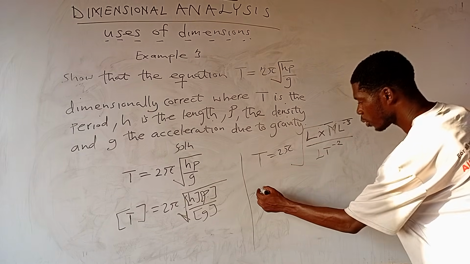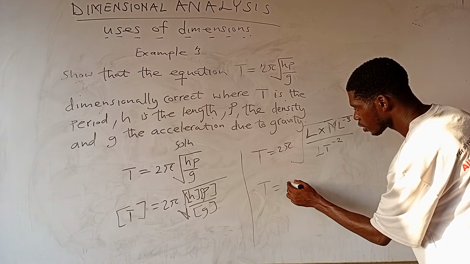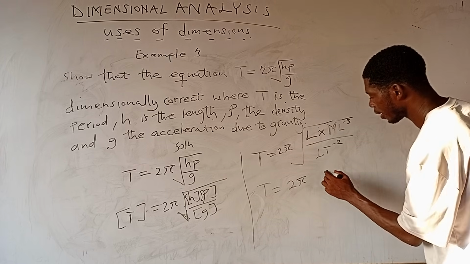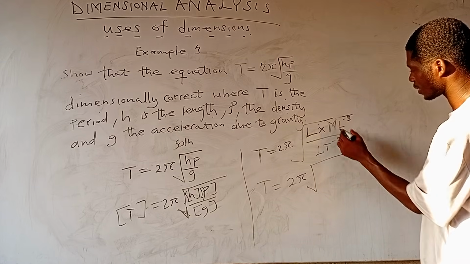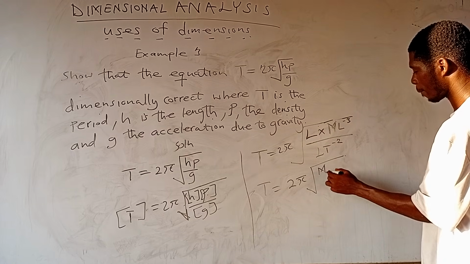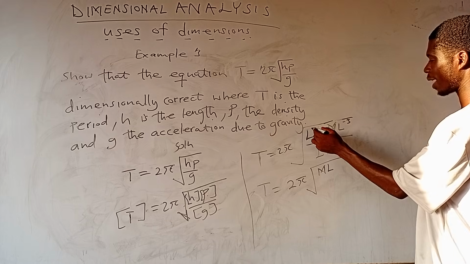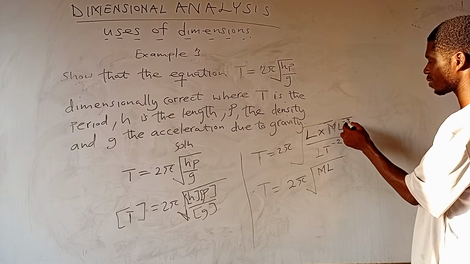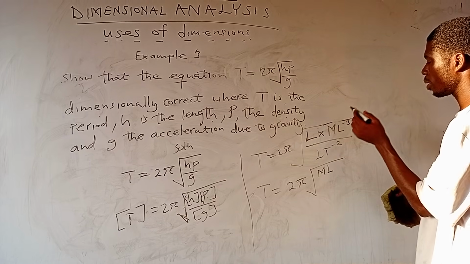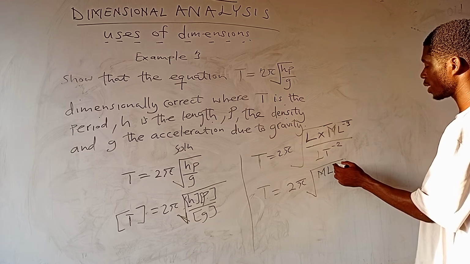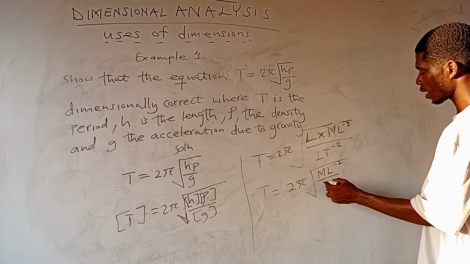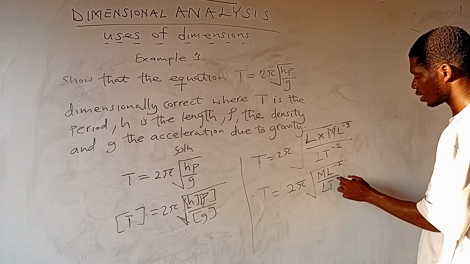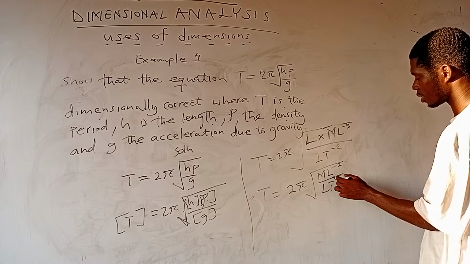Continue. T is equal to 2 pi root of, at the top you get M L, because this is plus 1 and this is negative 3. If you add them, plus 1 plus negative 3 gives negative 2. All over LT^-2.